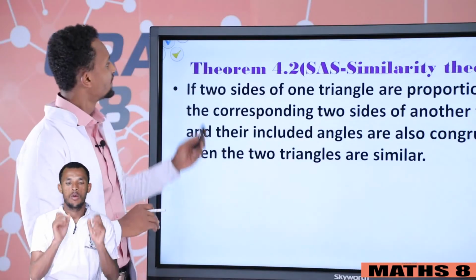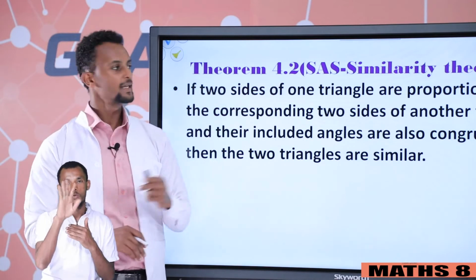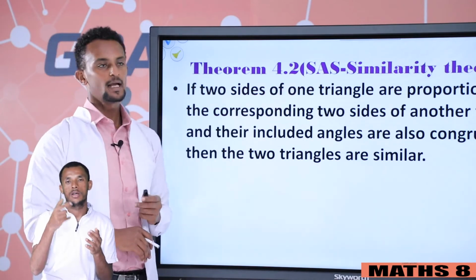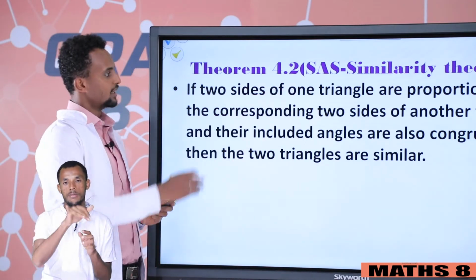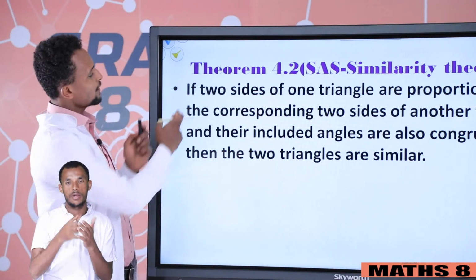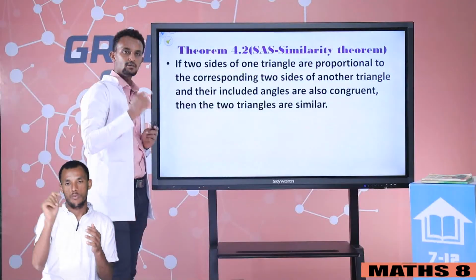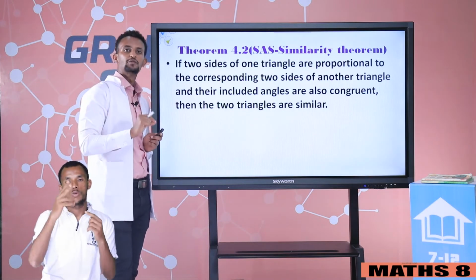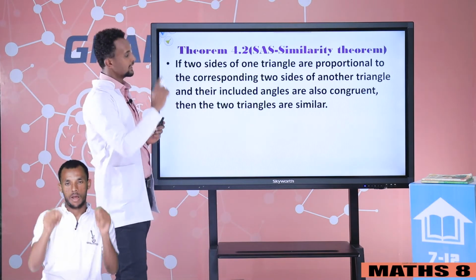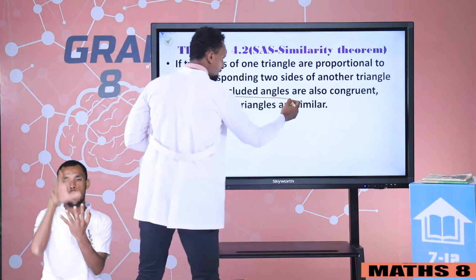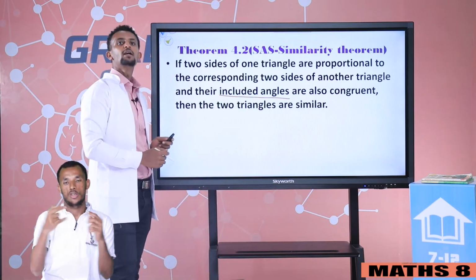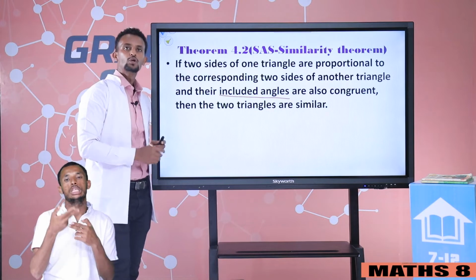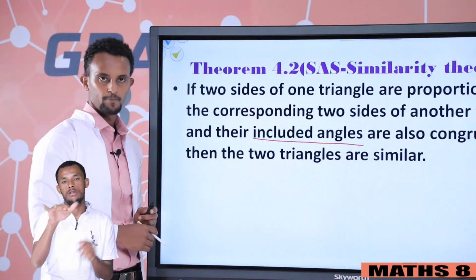Okay, students, the next theorem, 4.2, is the side angle side similarity theorem. This theorem says if two sides of the first triangle are proportional to two sides of the second triangle and their included angle is congruent, then we can say the two triangles are similar.